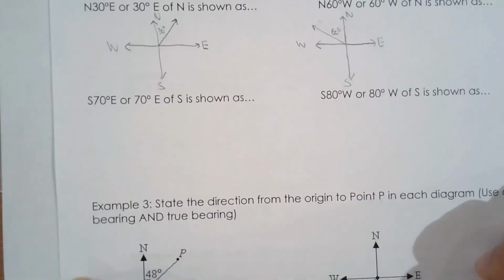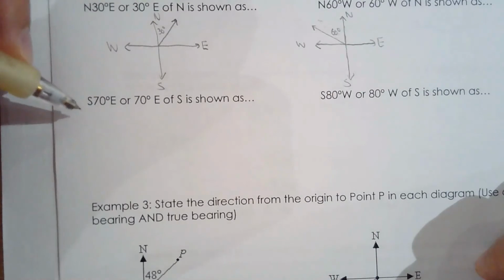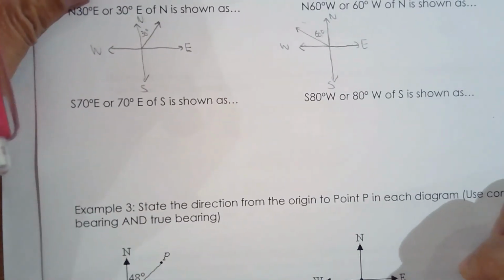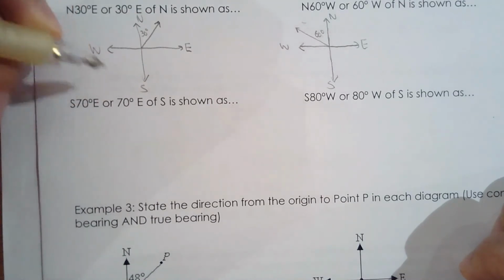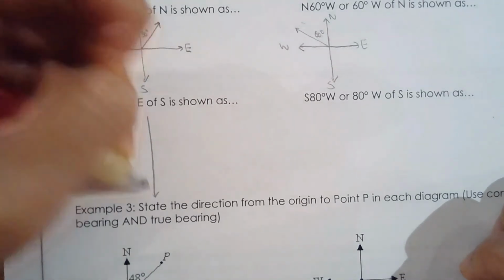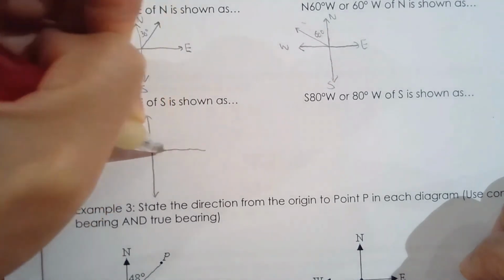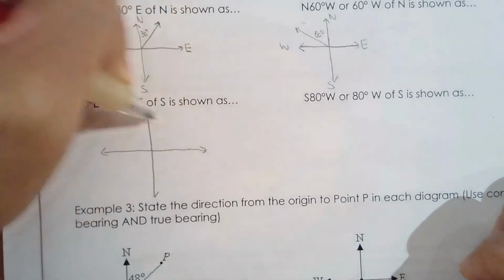Okay, here, 70 degrees east of south. So don't go south, go 70 degrees east of south.